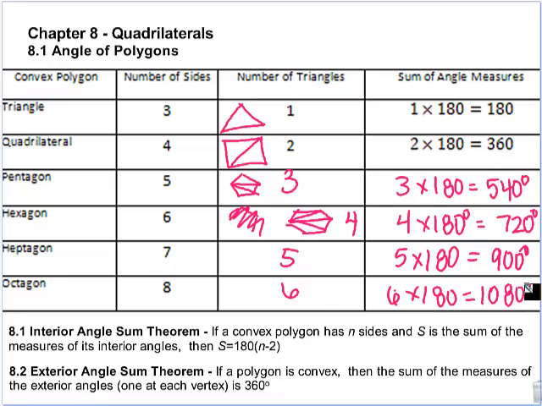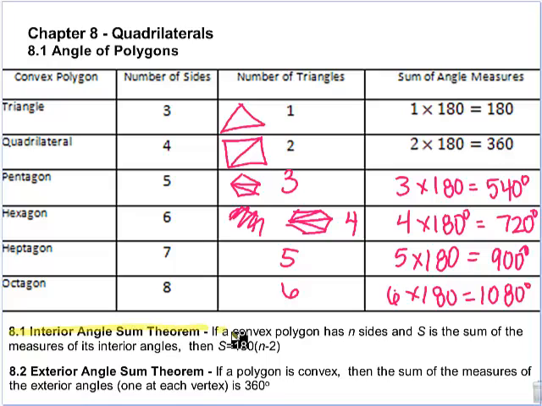Okay, now there's got to be an easier way to find this than creating a chart and finding a pattern. So there's actually a formula that we can use to help us find the sum of the interior measures. And it's the interior angle sum theorem.